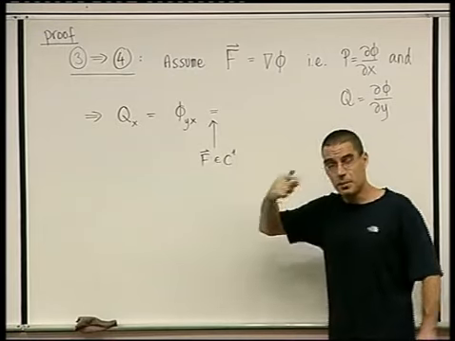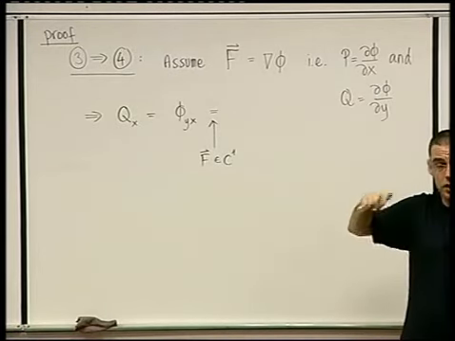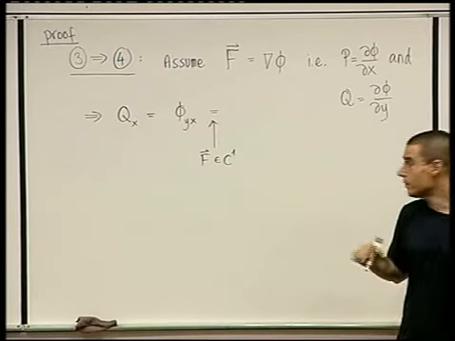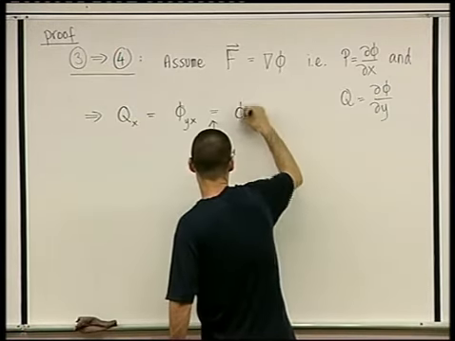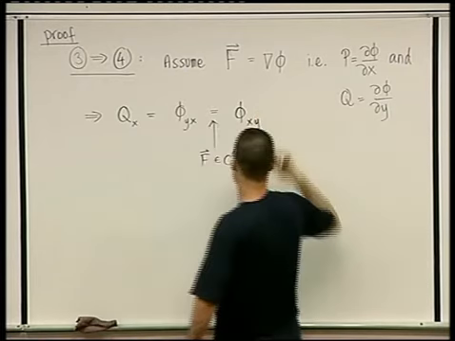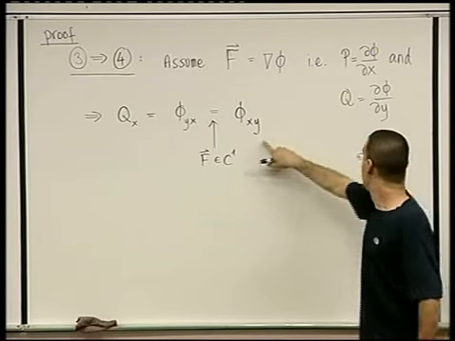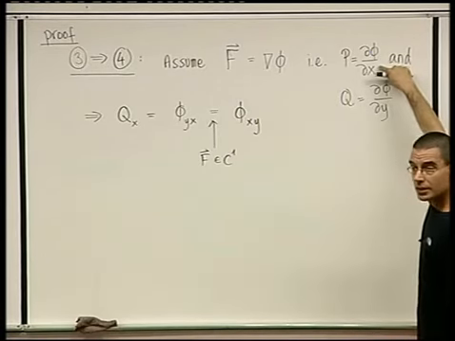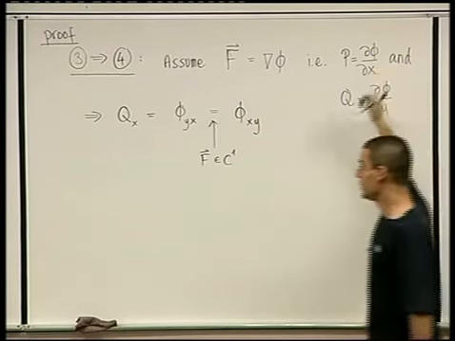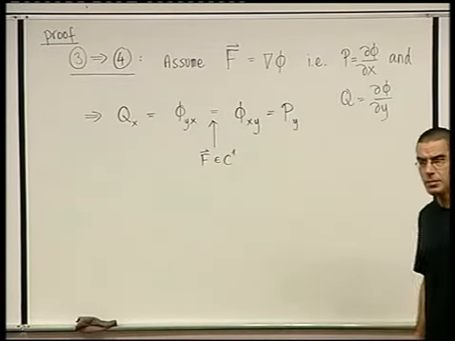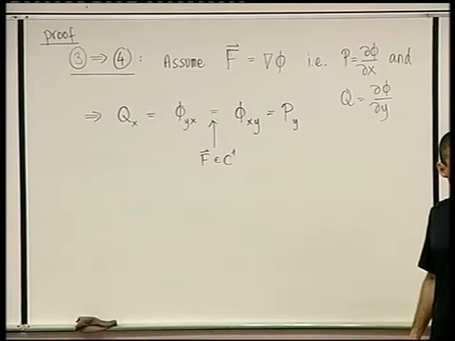But we know that if the second derivatives are continuous, then the mixed partials are equal. Remember that theorem? So this equals phi x y, which is the derivative of phi x with respect to y. But the derivative of phi x with respect to y is just p y. Did everybody follow that? Clear? Good? So that proves 4, assuming 3.